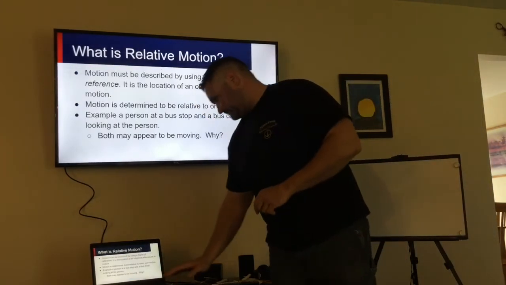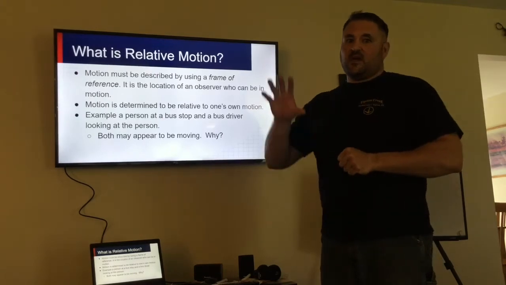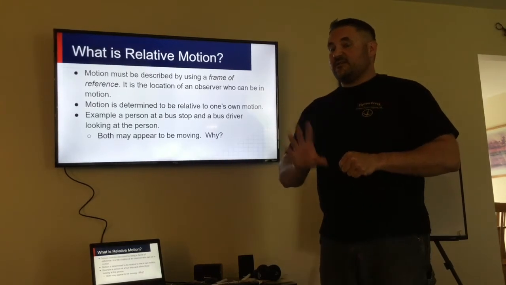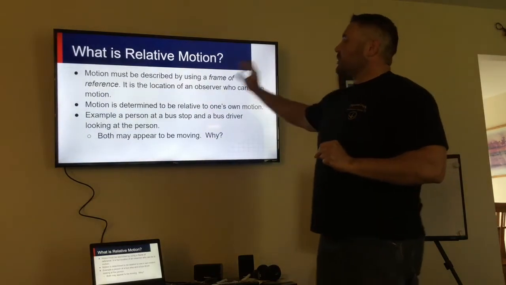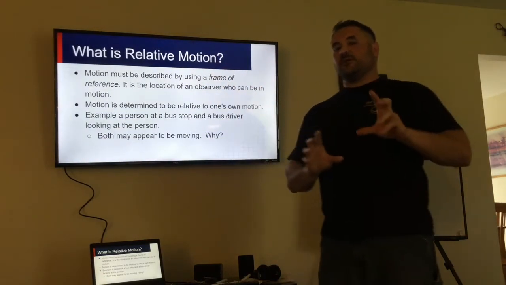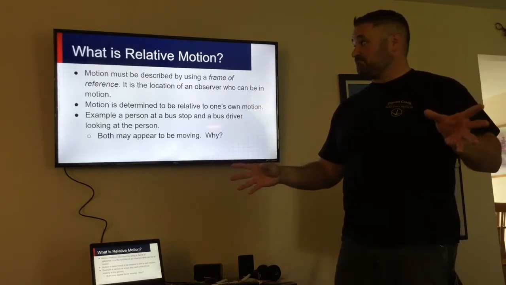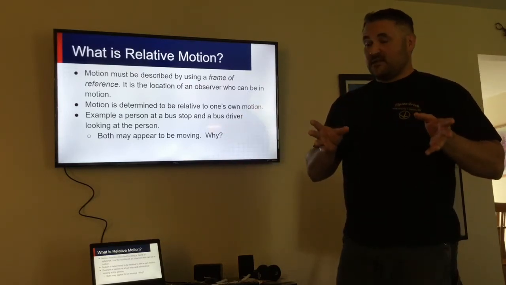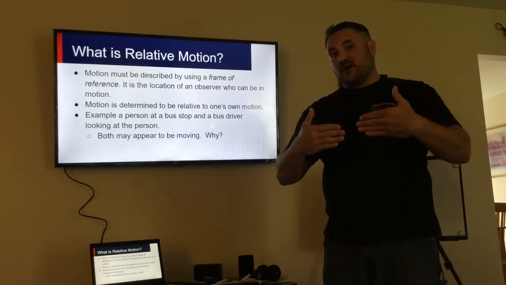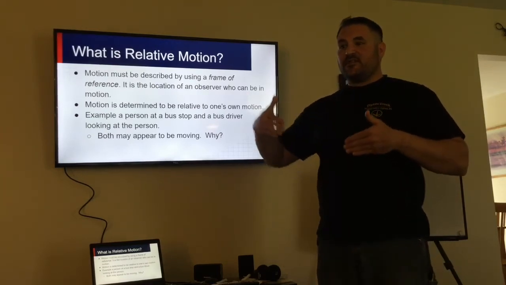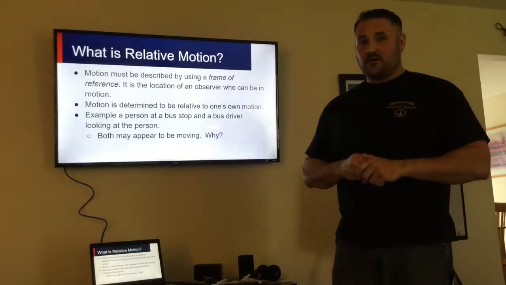Let's talk relative motion. Einstein's theory of relativity was huge. Now, we're only going to touch a little tiny piece of it here. Relative motion says that everything has to be relative to the frame of reference. Basically, you're sitting still on Earth, but you don't realize that the Earth is hurtling through space at about 160,000 kilometers per hour.